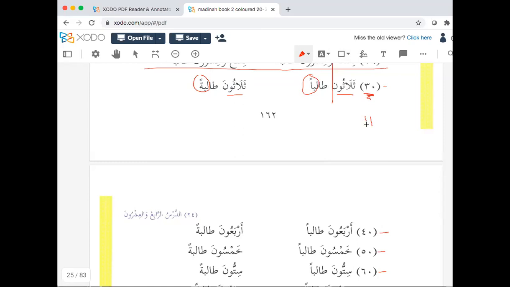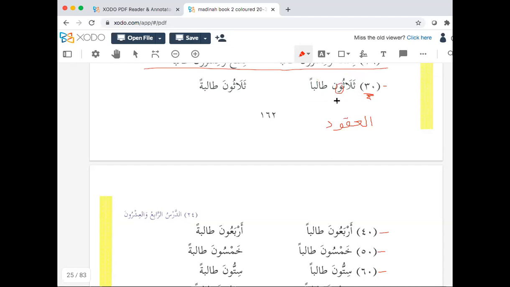Al-aqd also means 10. Al-uqud, those numbers which go up in tens, and all of them are in the pattern of Jam' Mudhakkar Salim. Therefore, when they are marfu', then it has a waw.